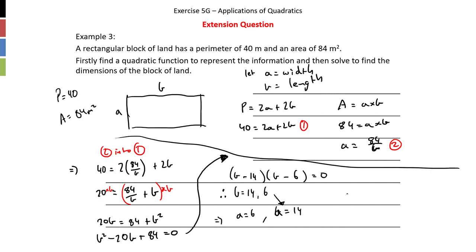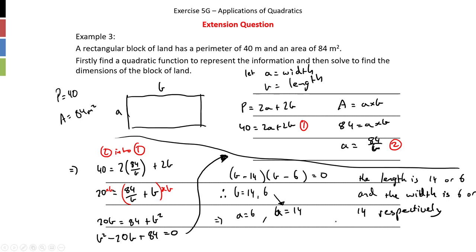So now to answer in words, on the dimension of the block of land, the length is 14 or 6, and the width is 6 or 14 respectively. And that's how we do that. And yes, that's the last application one.